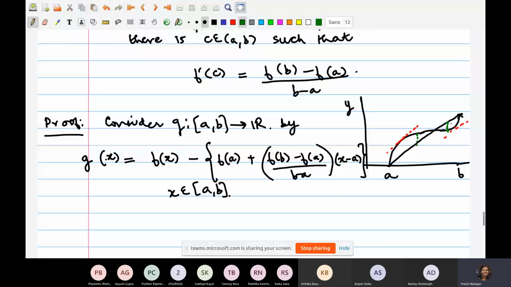Since f is continuous everywhere on the closed interval, so is g. And since f is differentiable everywhere on the open interval (a, b), so is g. And what happens to the function g at a and b respectively? What is g of a and g of b?